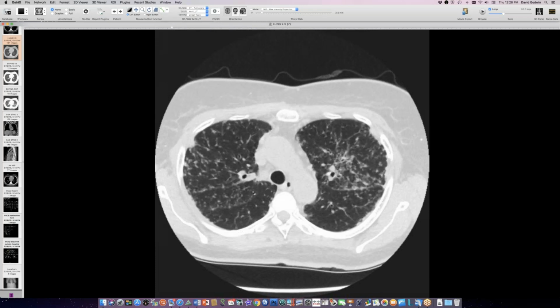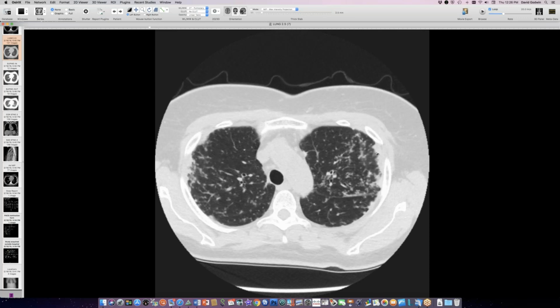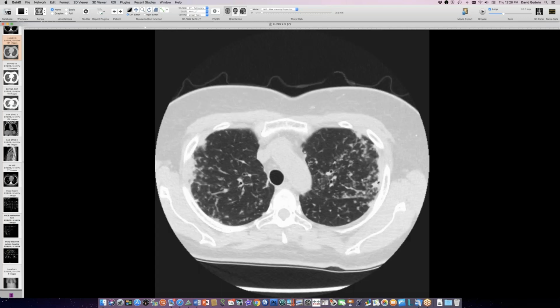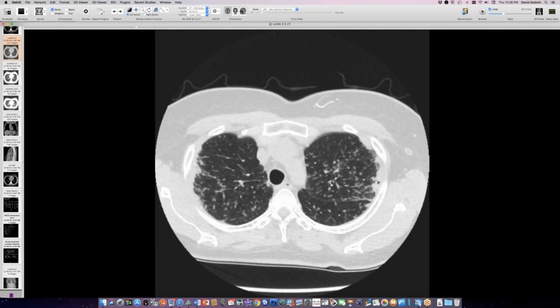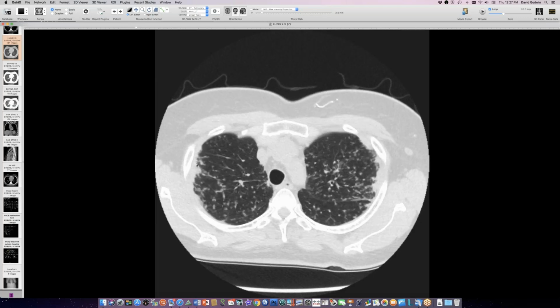And what struck me about this case is the amount of pseudoplaque, or this peripheral concentration of these nodules along these pleural surfaces here, which I've seen is much more dramatic in silicosis than in sarcoid. But this case really has a tremendous amount of this subpleural concentration. It's not quite discrete enough that you would misinterpret this as plaque.